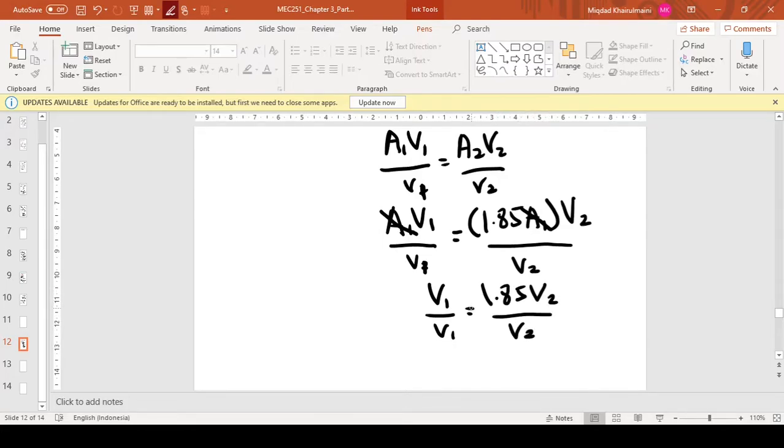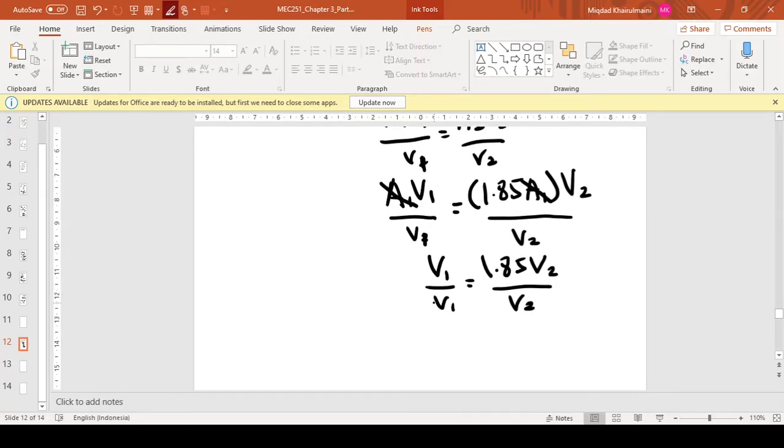When we check on the values, we have to find V1. For specific volume 1, we can find it because it's a property at state 1, so later in step 3 we make sure we find the specific volume at state 1.